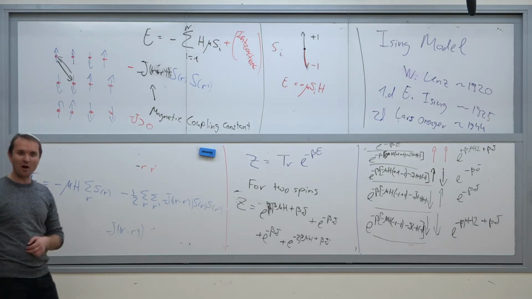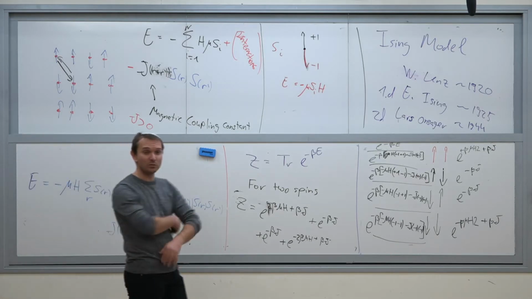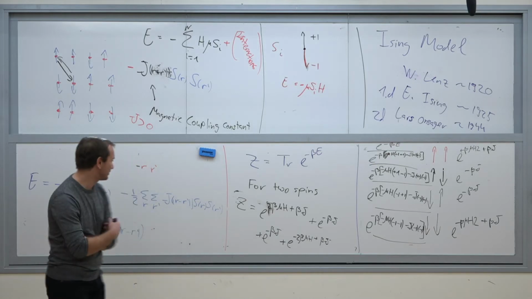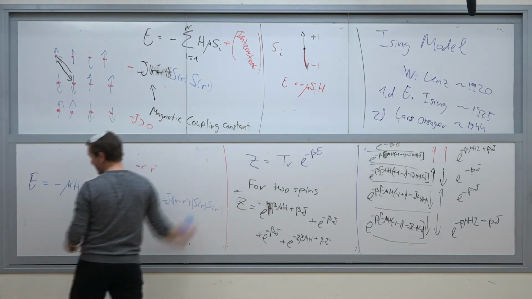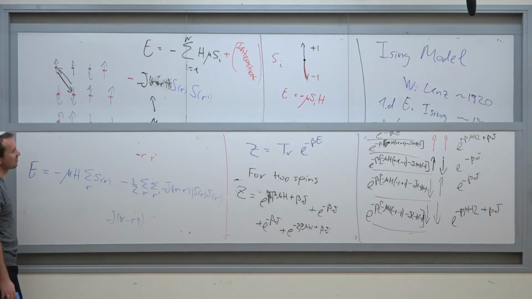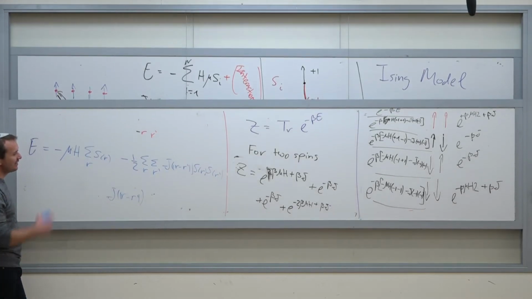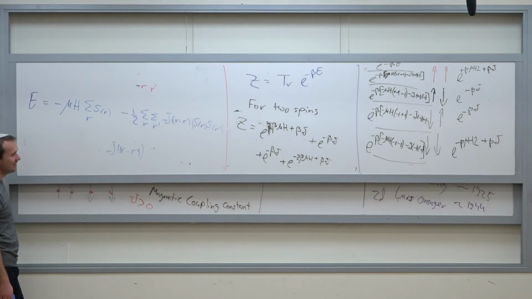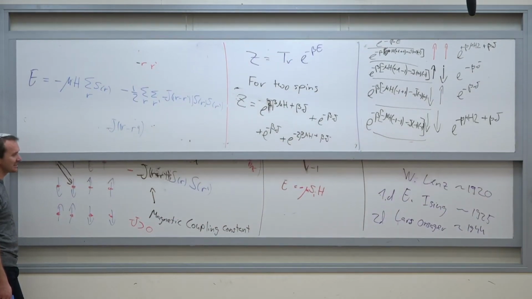And in general, how many eigenstates would I have? 2 to the power of n. So what I'm getting is that these summations are becoming harder and harder.